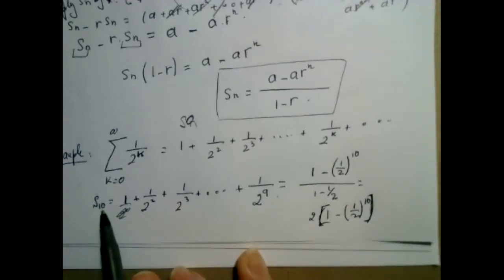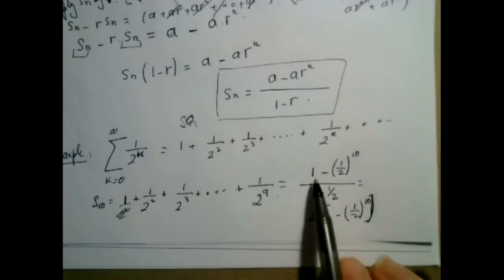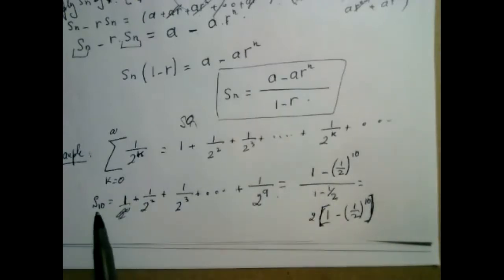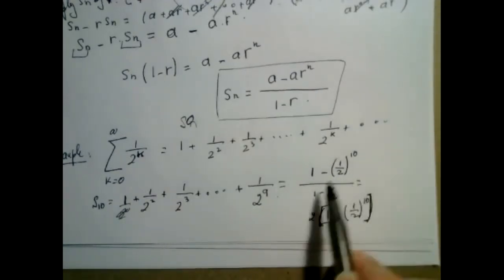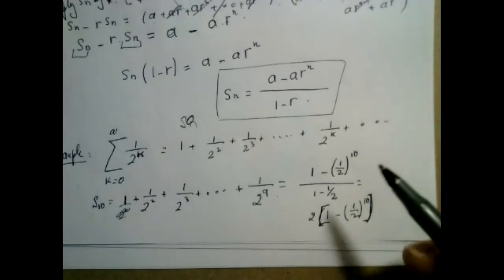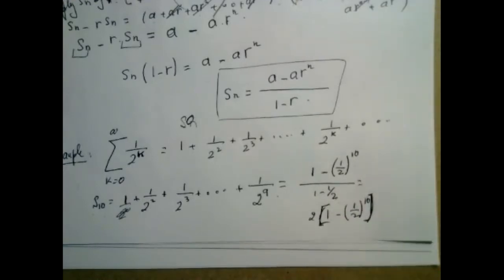So if I take S100, if I keep applying this formula and I evaluate more terms, I add the first 100 terms, I'm going to have 1 minus 1 over 2 to the power 100 over that. So will the series converge in this case? Do you think this series will converge?